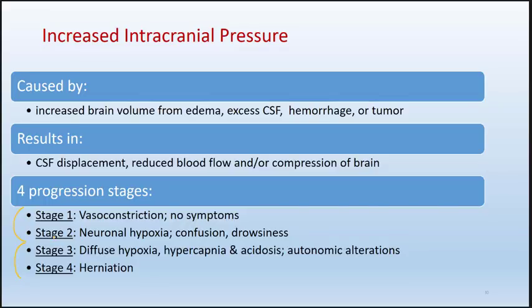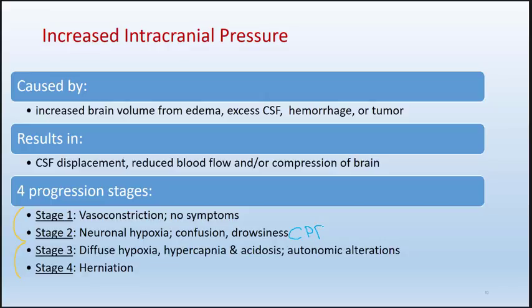And even at stage 2, it can barely be controlled at this point. And so what we see in stage 2 is continued expansion of the intracranial contents, and therefore increase in intracranial pressure. And this will reduce what's called CPP, or cerebral perfusion pressure.